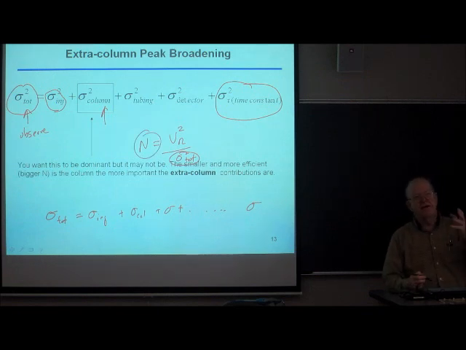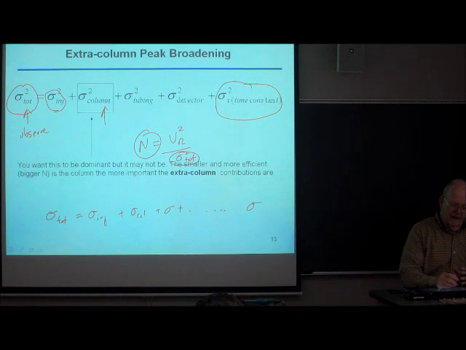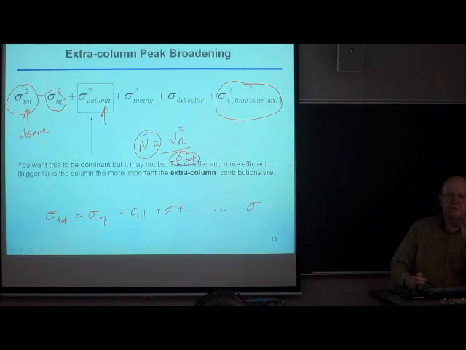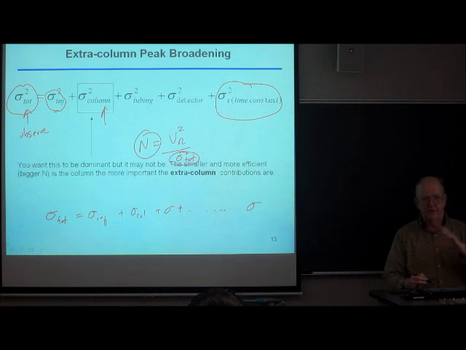But at least, because you're adding the squares, you don't have to be completely and totally paranoid and make all of these other things minuscule. They simply have to be small compared to what the column contributes. That's the big picture. Now we got to get into the microscopics of it and see how these things relate to the physical parameters of the injector and the detector today.